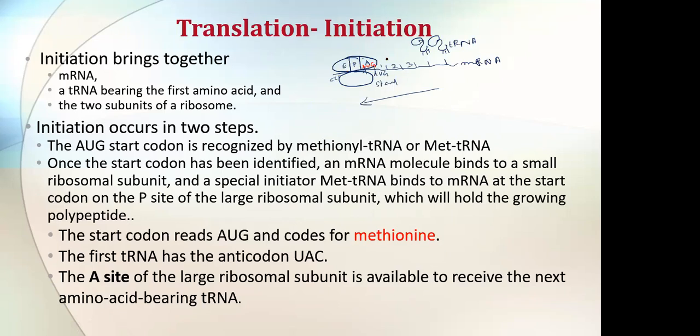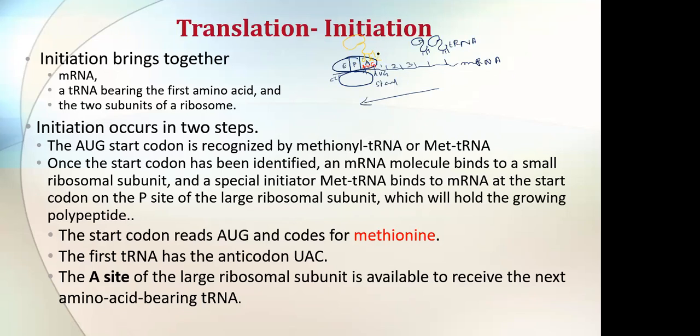So all these tRNA are moving around this area, but only the tRNA that has an anticodon that will match with this codon, so A means U, should be U, A, C. So that tRNA whose anticodon is complementary with the start codon can come and sit over here.